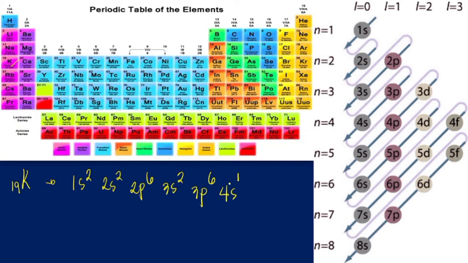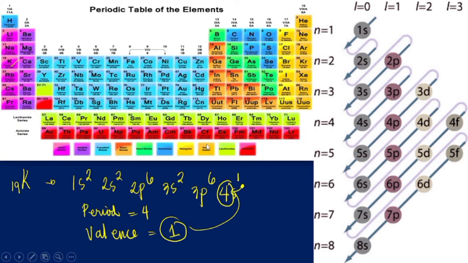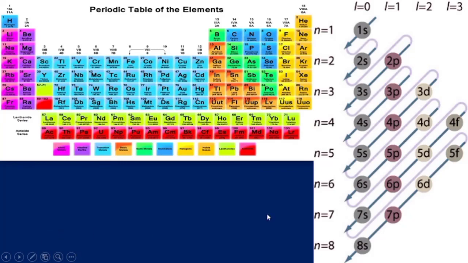Here we have the fourth energy level, so therefore it belongs to period number 4, and its valence electron is only 1. Valence electrons are the outermost electrons. In the case of potassium, its outermost electron is only 1. So let's give more examples using other elements.